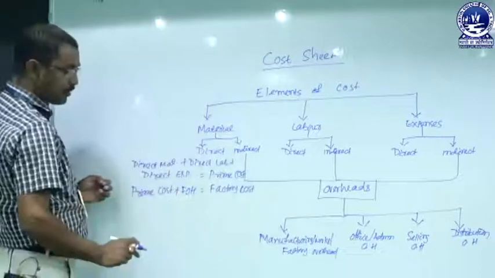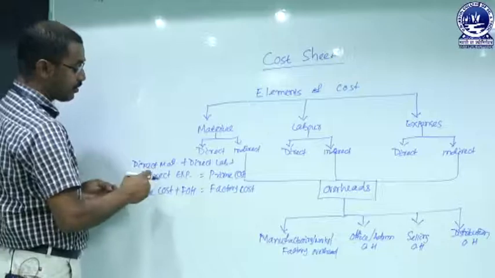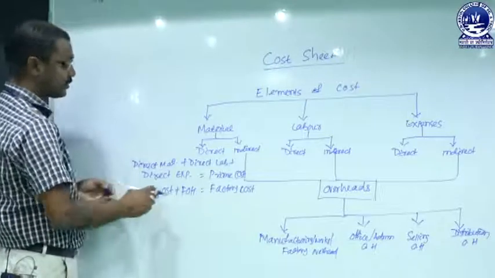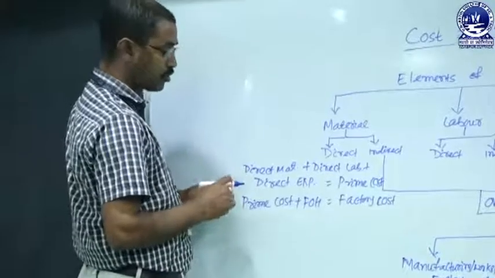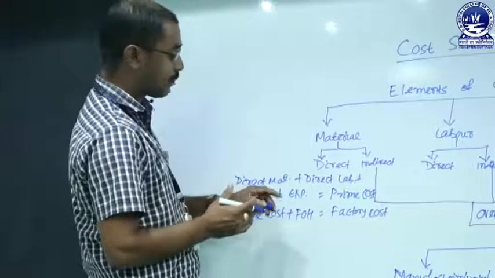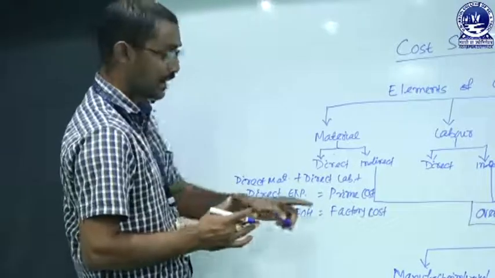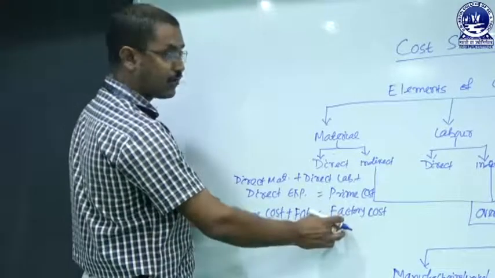Factory overhead means the heads of expenses purely related to the factory: factory rent, factory lighting, factory manager's salary, consumable stores, lubricants, oil, grease, whatever it may be, which is purely related to the factory. When factory overhead is added to the prime cost, that is called factory cost.